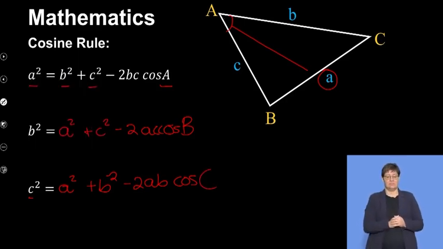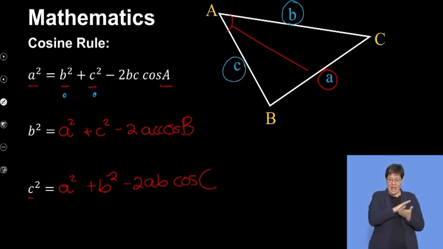Okay, now what does this mean? Let's look at the first example. A squared is equal to B squared plus C squared minus 2BC cos A. What do we need to be given in order to use this formula? First of all, we need to be given B squared. We need to be given C squared. So, we need to be given that length. And we need to be given this angle here.